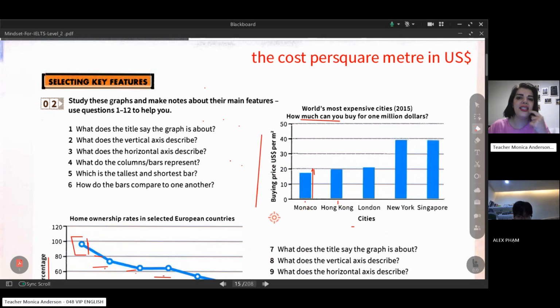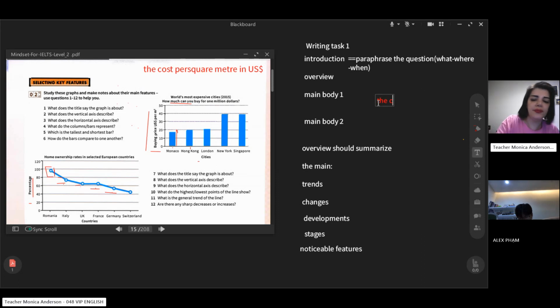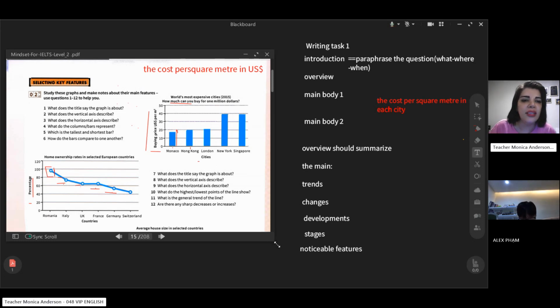So different cities and price. Price is good, but it's a bit basic. IELTS is formal language, so we say the cost per square meter in each city. So this is about bars. Okay, now keep going.